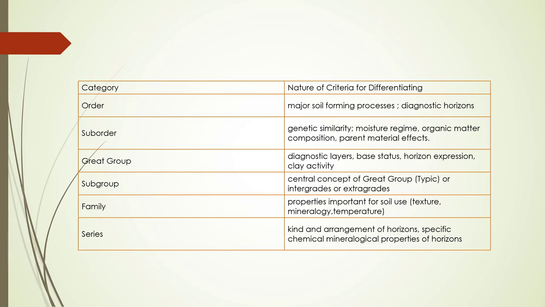This is diagnostic horizons. Family are properties important for soil use, such as texture, mineralogy, and temperature. And series is the other one that we're looking at, and that's kind and arrangement of horizons, specific chemical and mineralogical properties of horizons. We'll talk a little more about that in a minute.